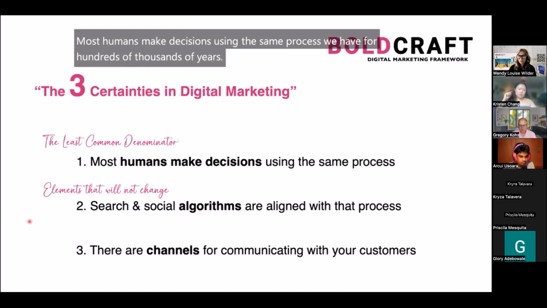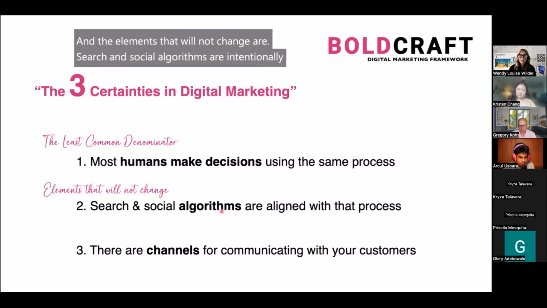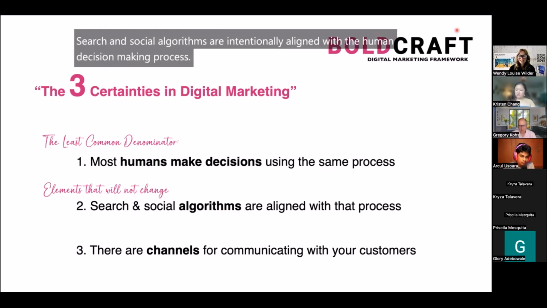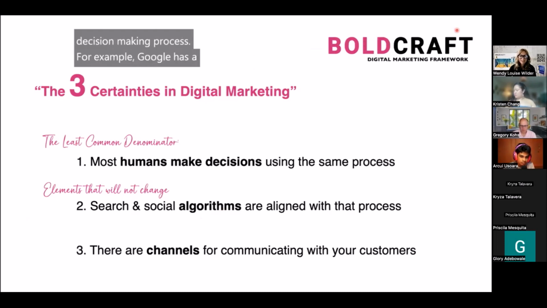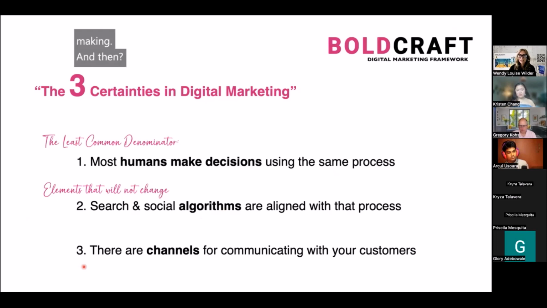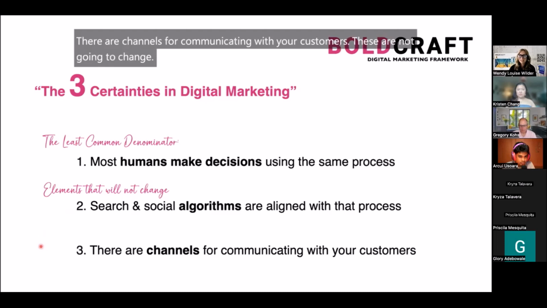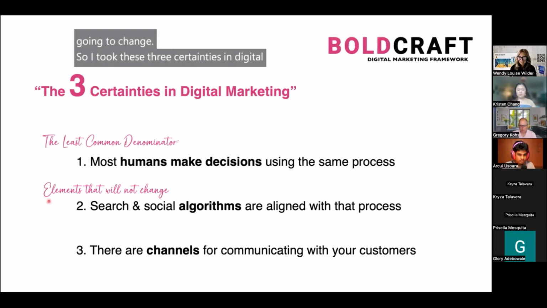And the elements that will not change are search and social algorithms are intentionally aligned with the human decision-making process. For example, Google has a team of engineers that studies decision-making. And then there are channels for communicating with your customers. These are not going to change. So I took these 3 certainties in digital marketing as a starting point.